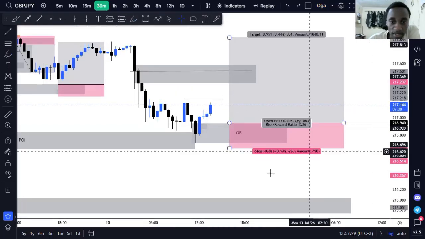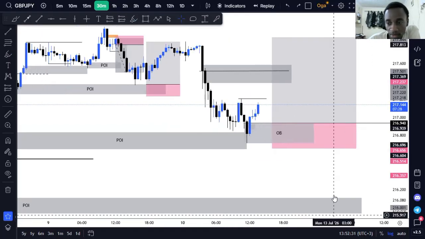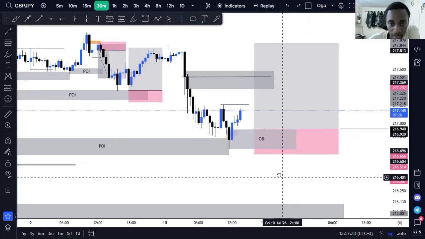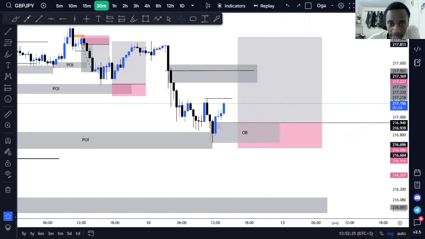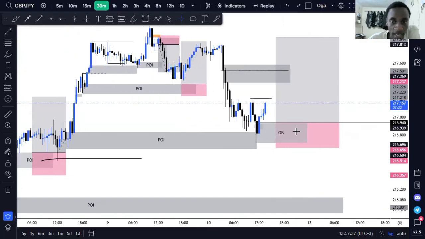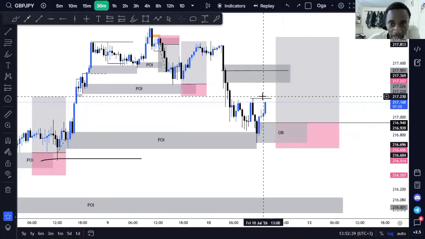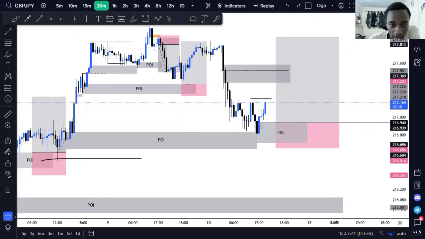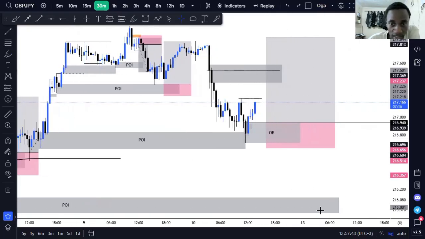Yeah, so if it breaks there, I'll take the move. I'm just waiting for it to break above here, and then I set a limit order.